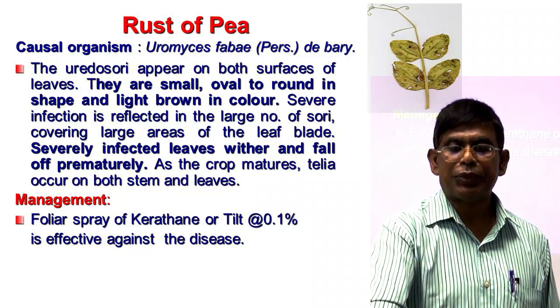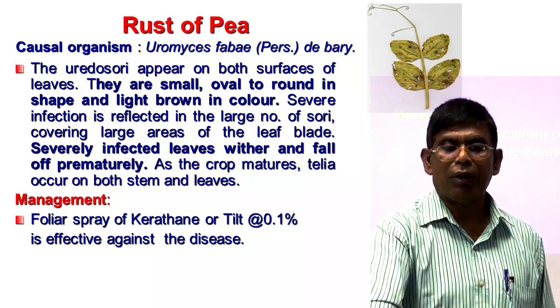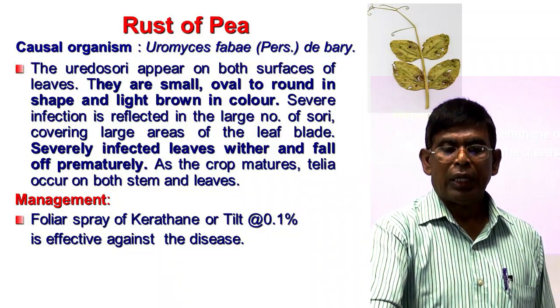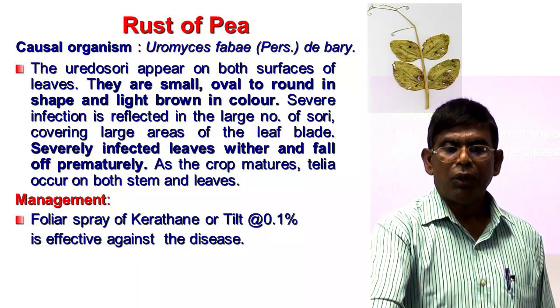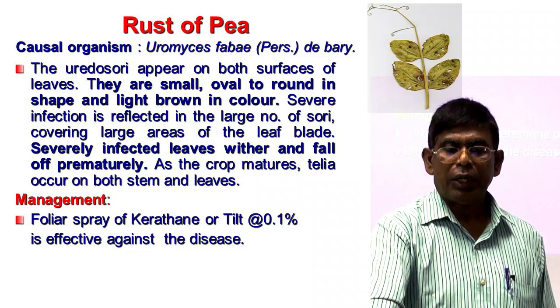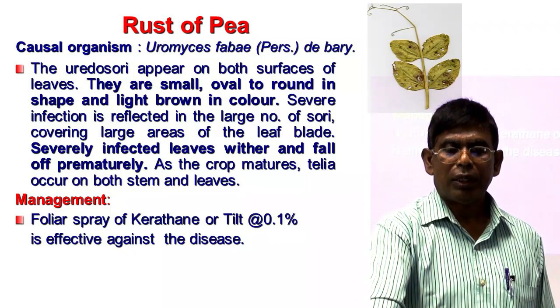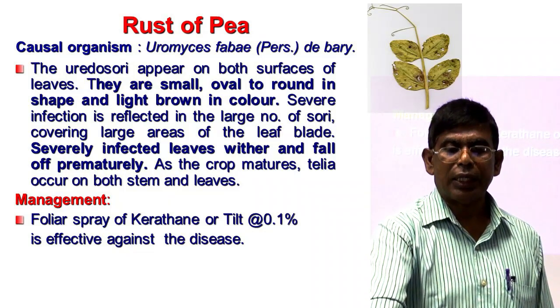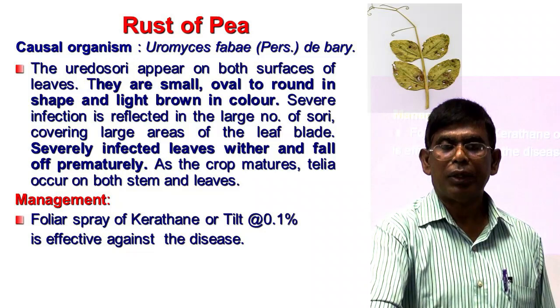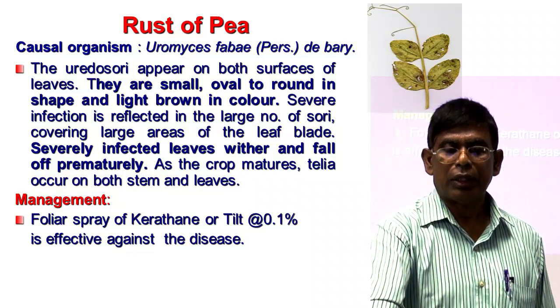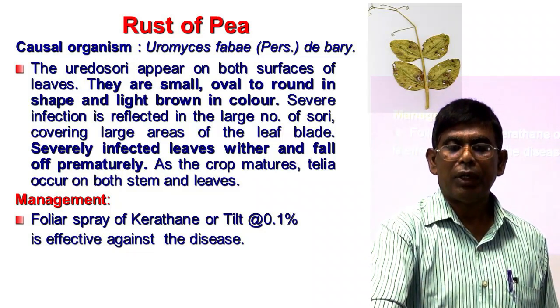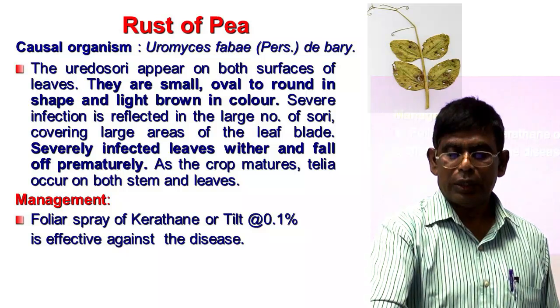Severely infected leaves wither and fall off prematurely. To control rust of field pea, you can give a foliar spray of Karathane or Tilt at the rate of 0.1%, which is very effective to control this disease.